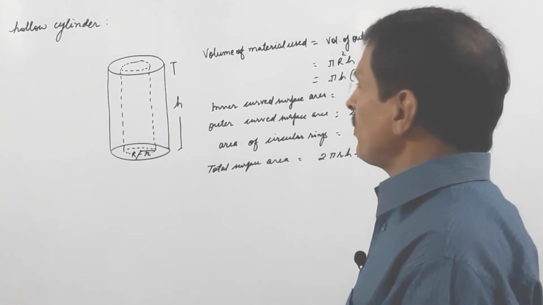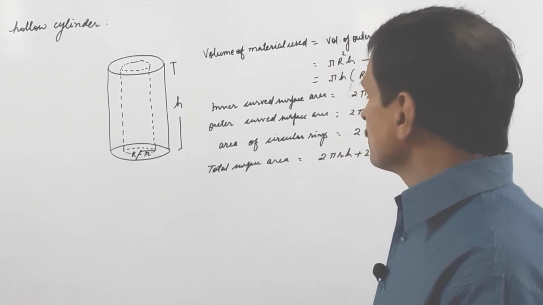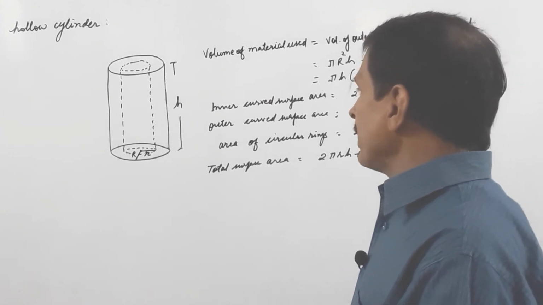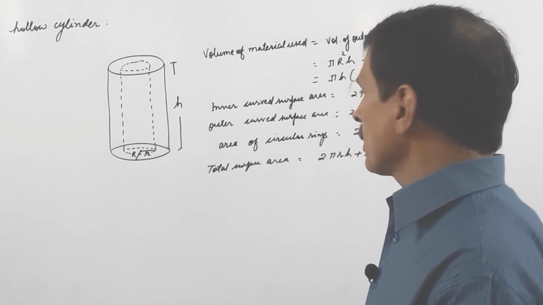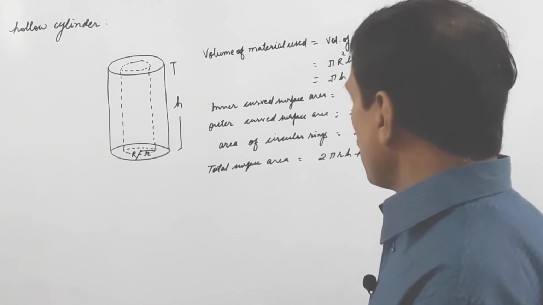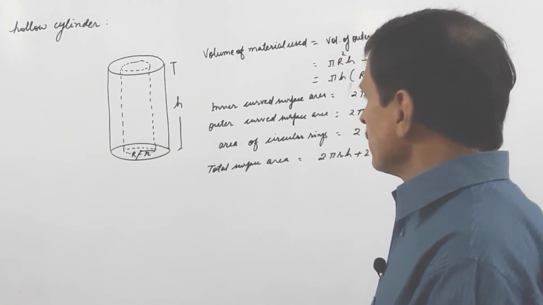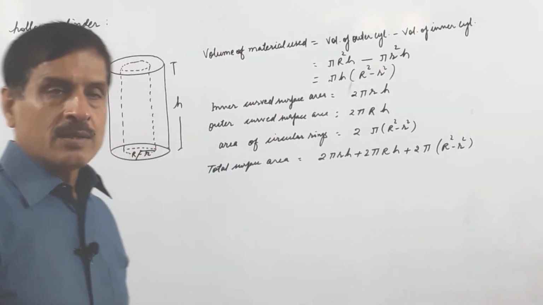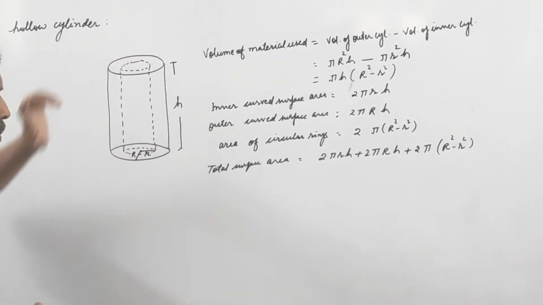Then accordingly the surface areas have to be calculated from the context. And what changes are there? Suppose it is a hollow cylindrical vessel open at the top.